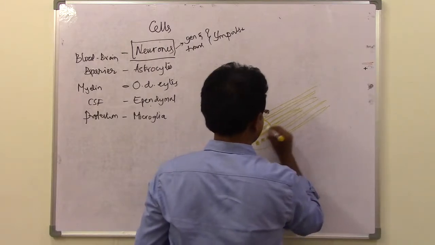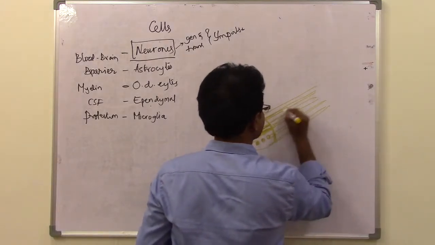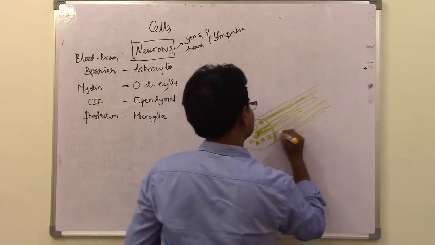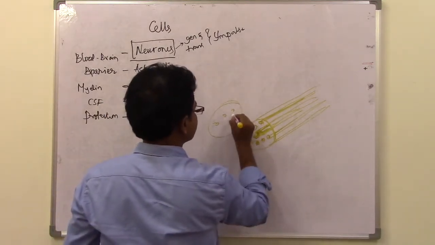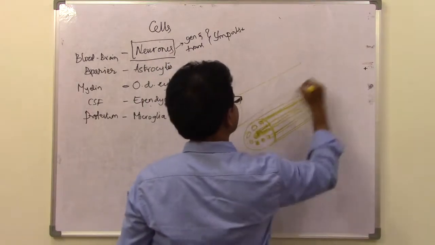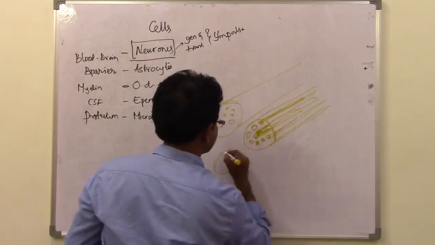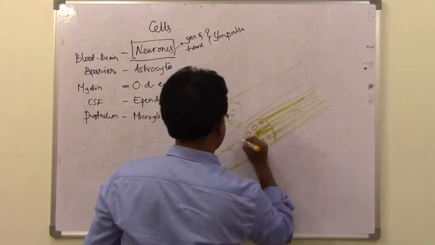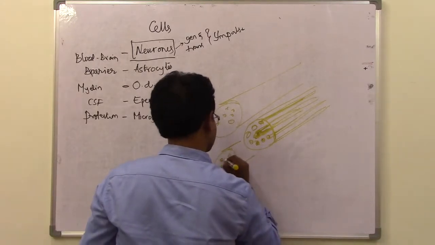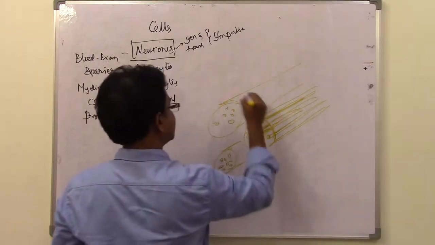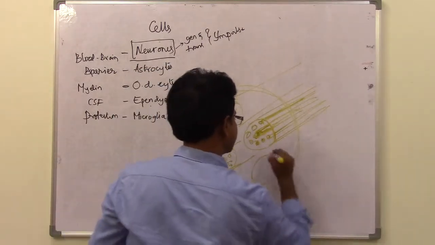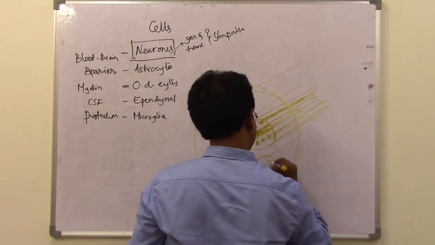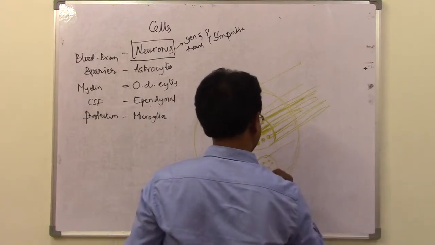These are all axons. And bundles like this, with a lot of axons in them, come together and finally form a big nerve. So this is the structure of a proper nerve.